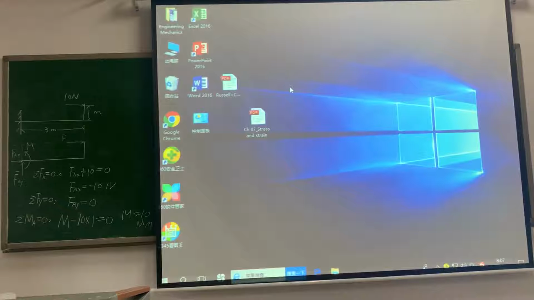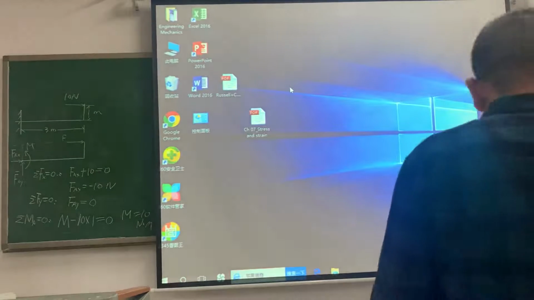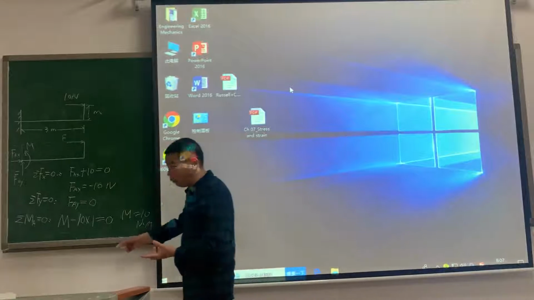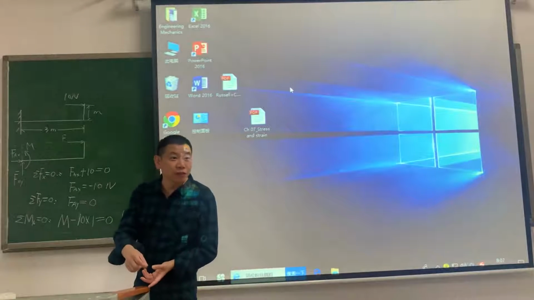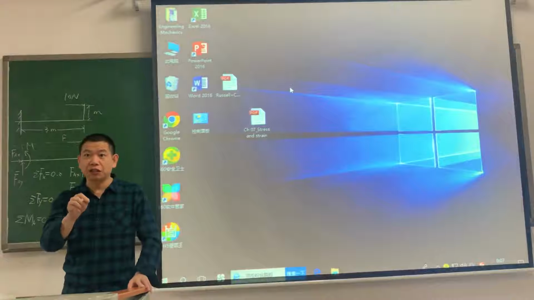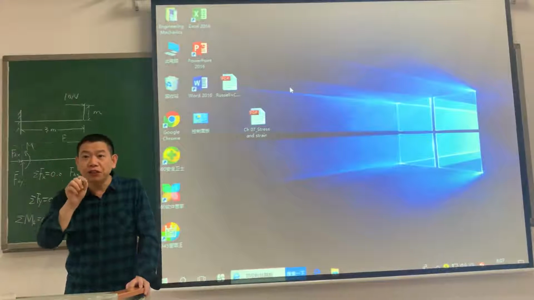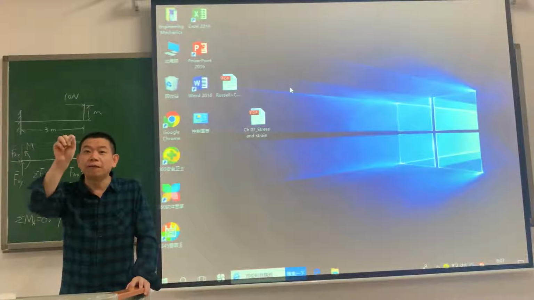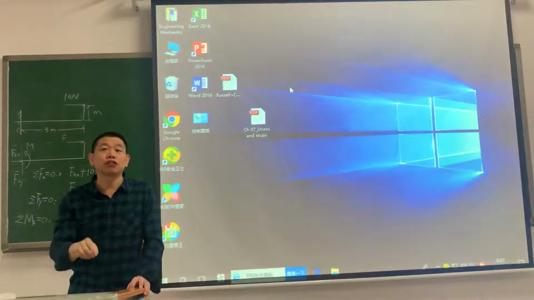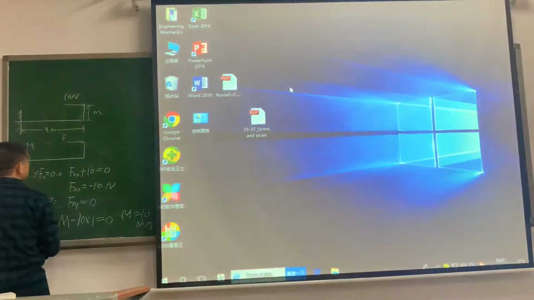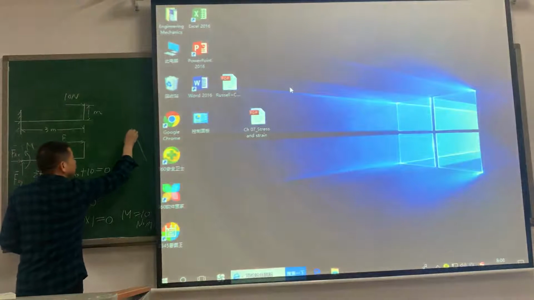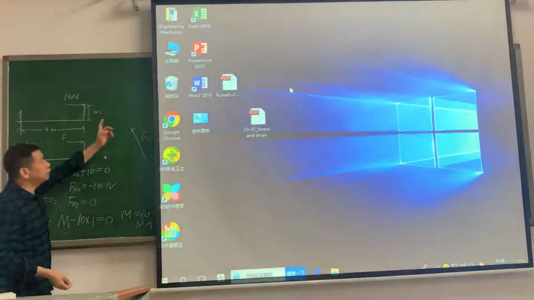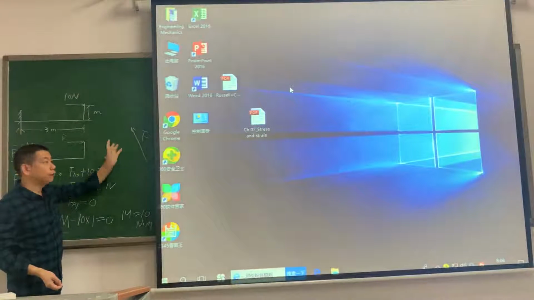What is the distance? When you want to get a moment, it is a force times the distance. The distance is the perpendicular distance from the point to the line of action of the force. Understand? It means there is a force F. There is a point. How to find the moment of F about the point?